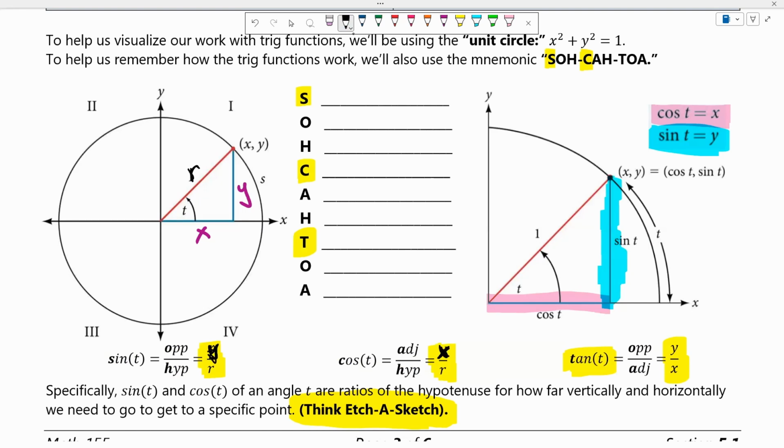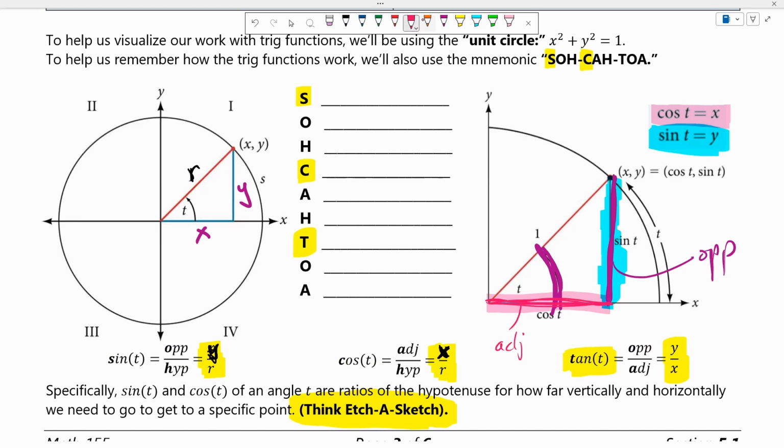Okay, all of this, if you take a look at a triangle, if this is our angle right here, we call this side our opposite, and we call this side way down here our adjacent.